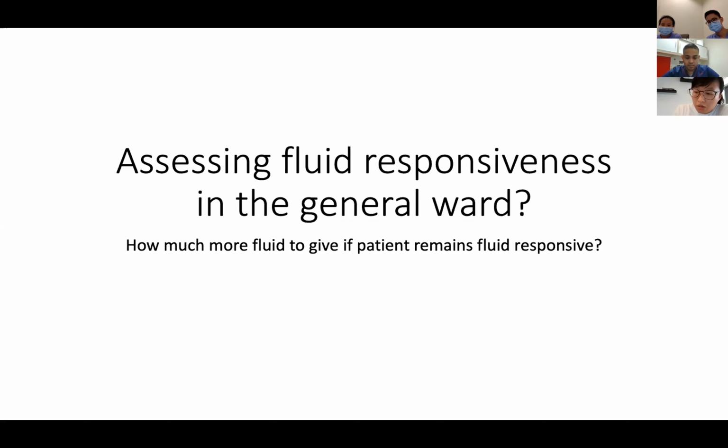You don't actually need to take a serum cortisol before you start it. What I usually do is I just add tests to whatever bloods I have done, just a random cortisol, and then I give my hydrocort. Because to be honest, there's very little downside of IV hydrocort as a stat dose in someone who is critically ill.